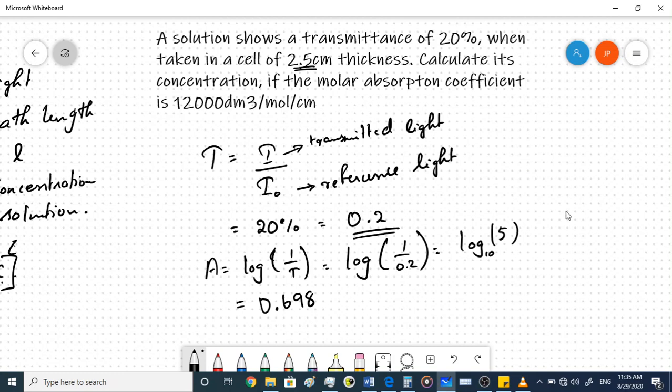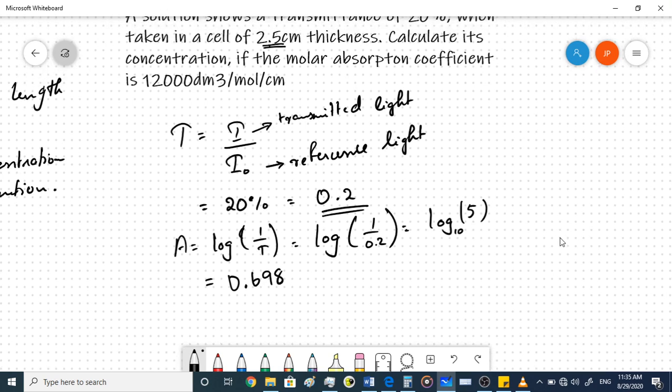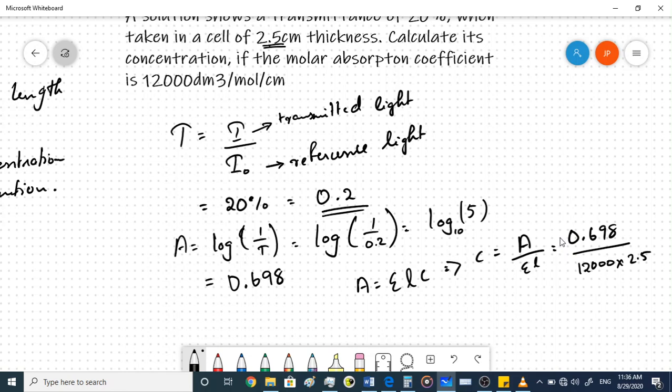Now let's look at the concentration. The formula for absorption can also be written as A equals epsilon L into C. So C is equal to A by epsilon L, that is 0.698 divided by 1200 into 2.5.